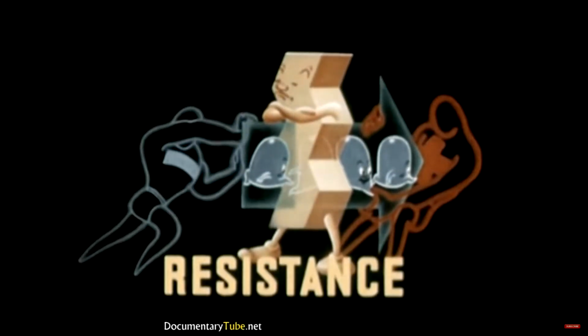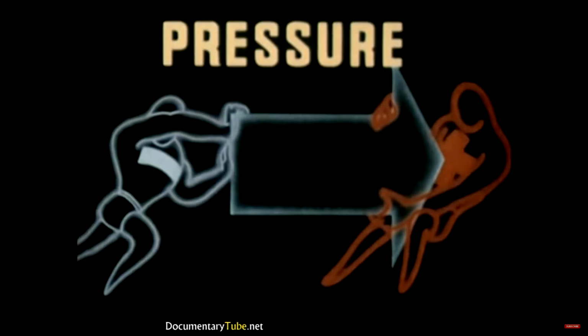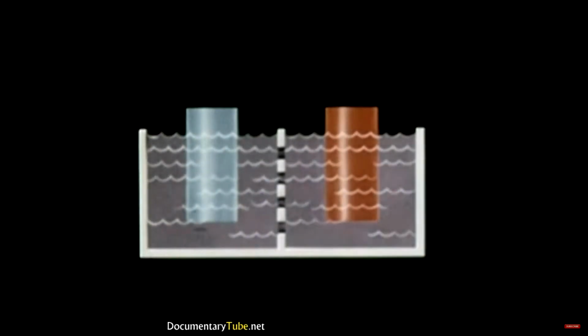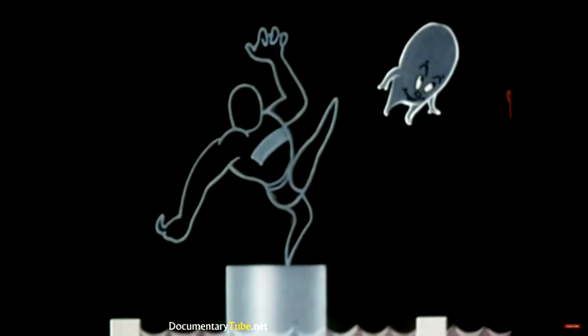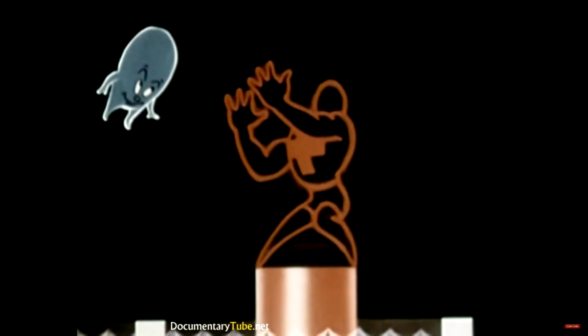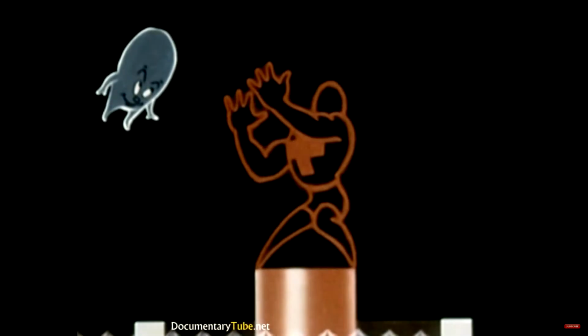First, let us consider pressure. With nature always trying to maintain an electrical balance, there is a tendency for any negatively charged object to throw off or repel its excess of electrons, and for a positively charged object to attract electrons.